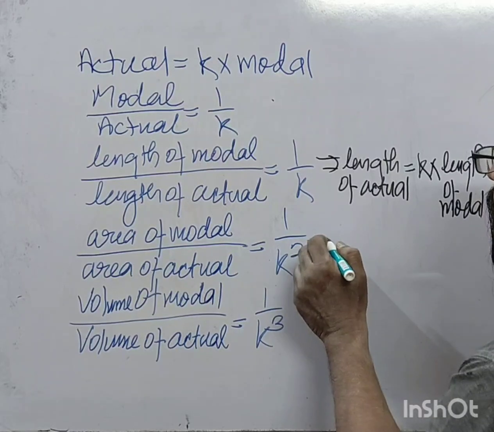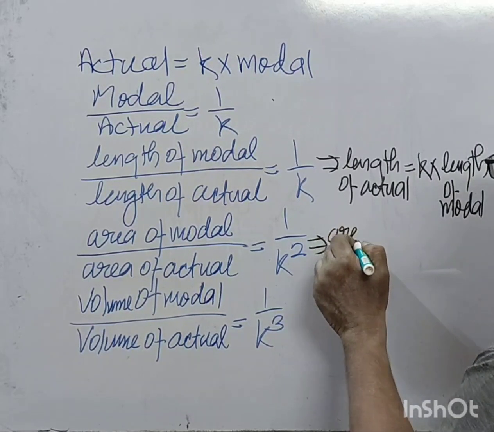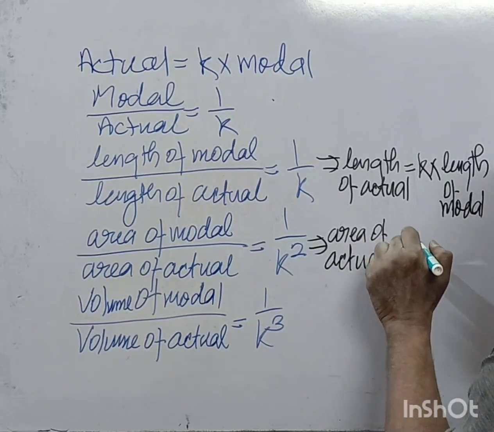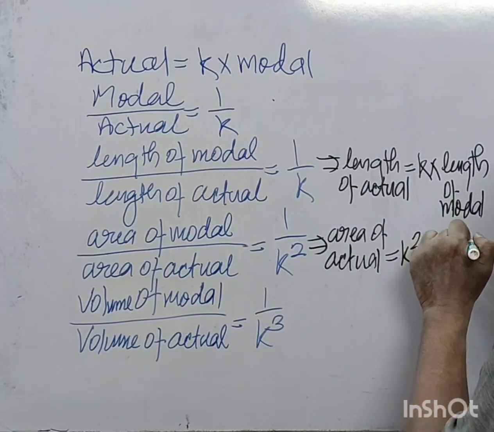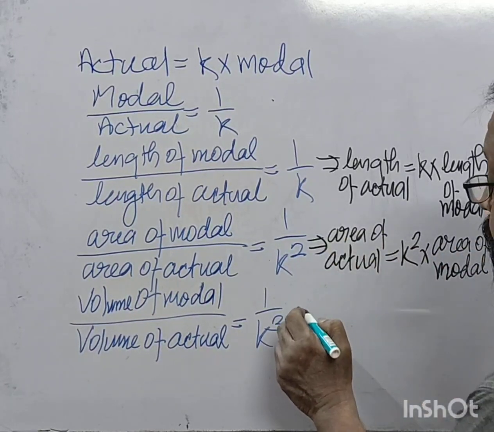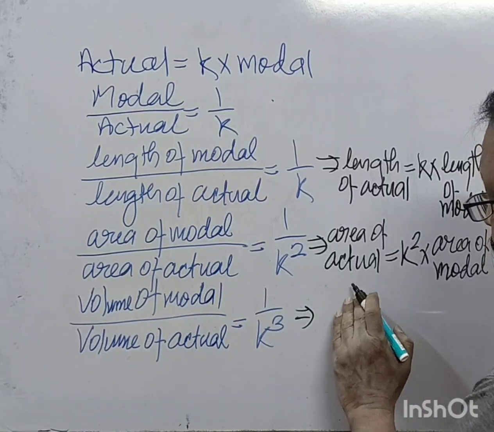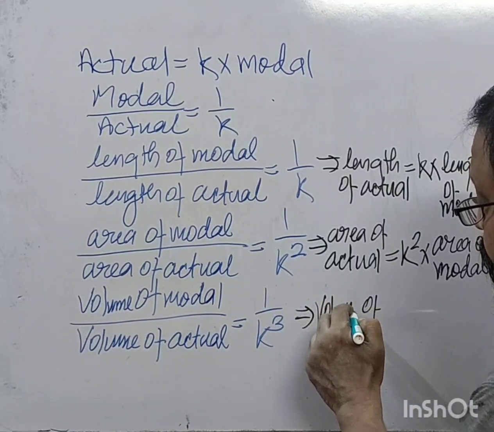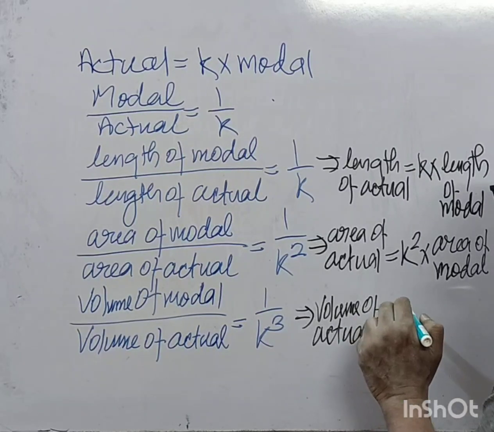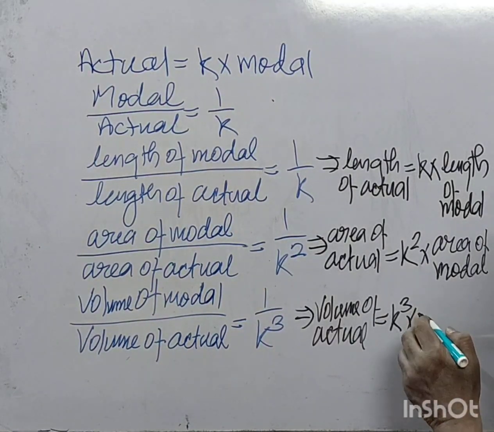right? Now we have area of actual is equal to k square into area of model, and then we have volume of actual is equal to k cube into volume of model.